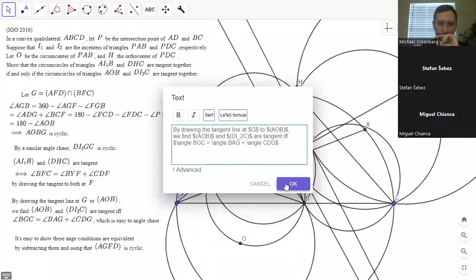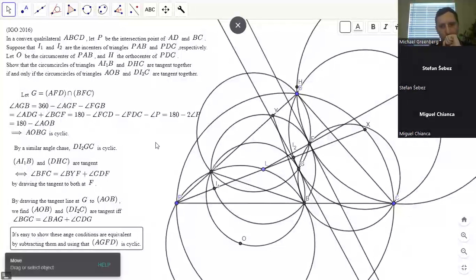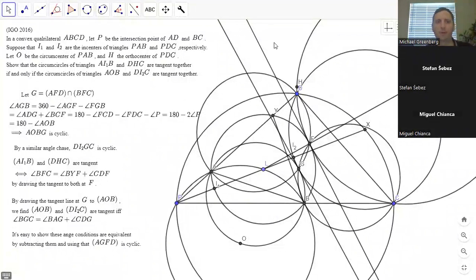So yeah, I think this is right? All right, so we can move on to another problem. But that was a really great idea, drawing point G.